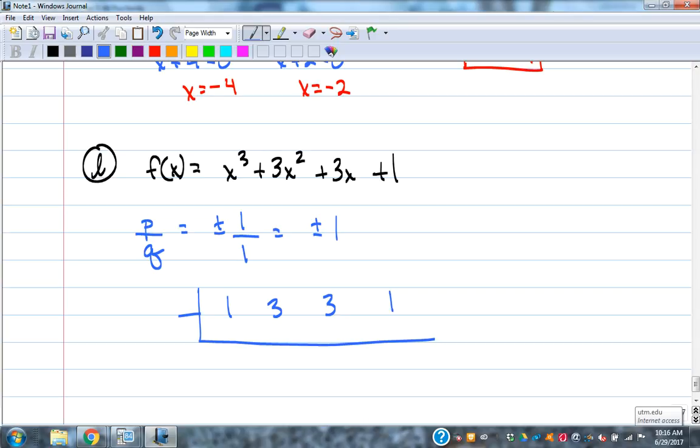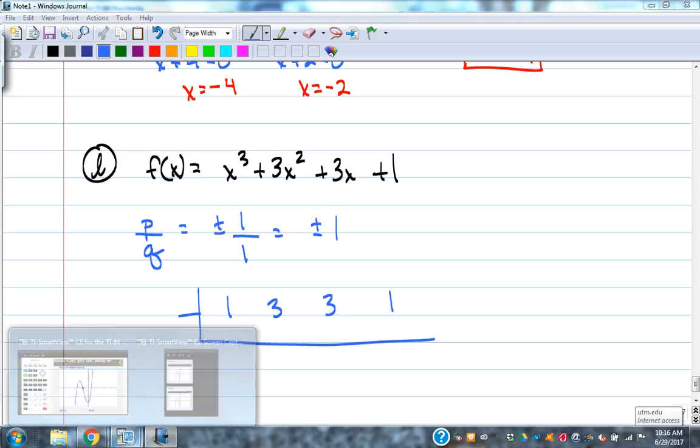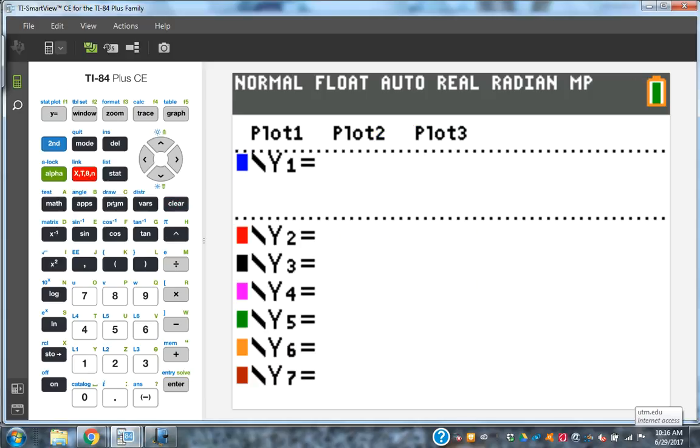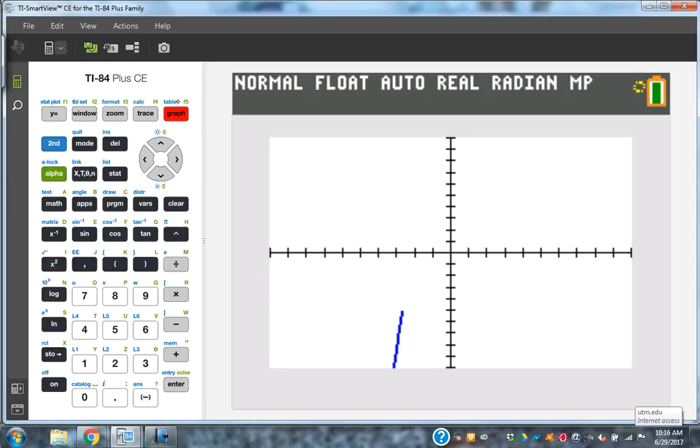3 minus 2 is 1. Okay, so if I graph this polynomial, x to the third plus 3x squared plus 3x plus 1, it looks like the only place it's crossing is -1.